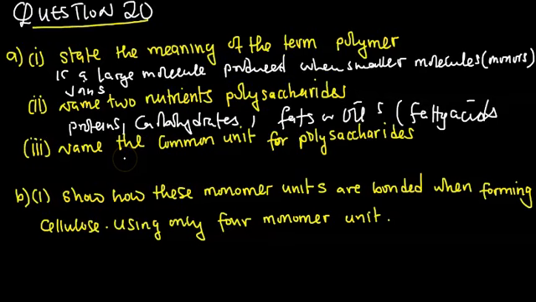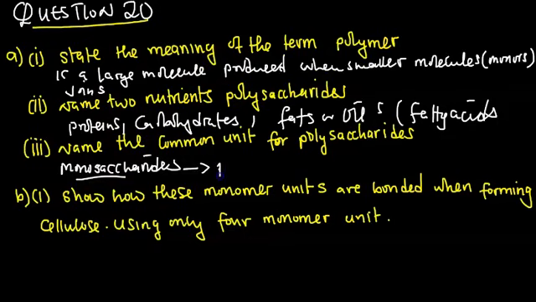Name the common unit for polysaccharide. Polysaccharide is coming from the word monosaccharides, which means sugars. Since we said a polymer is a molecule produced when smaller molecules called monomers join together, this is the monomer called monosaccharides.